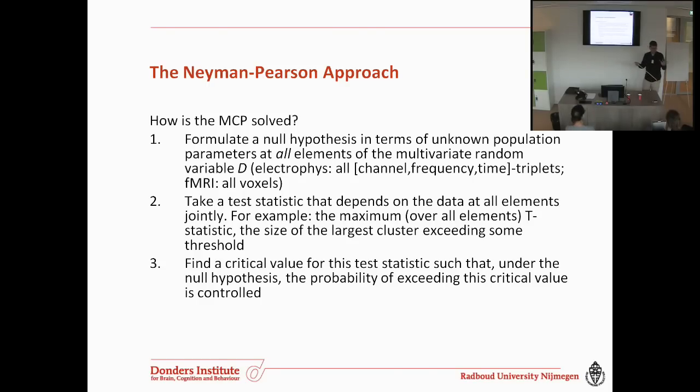That's just the same as in the usual univariate case. The main thing is that you have this very unfamiliar test statistic in between. It's not a t statistic, but it's a maximum of a very large number of t statistics, or some other way of combining these t statistics.